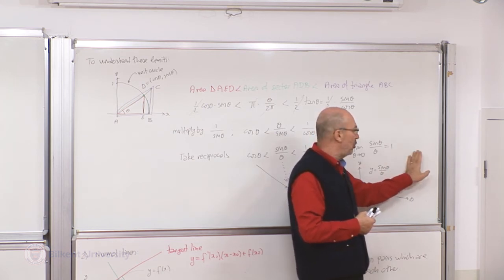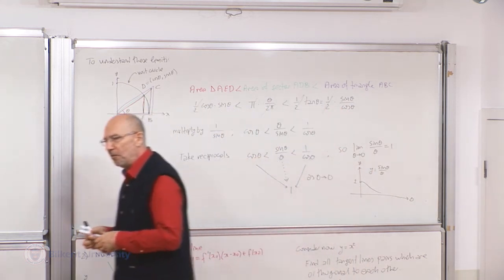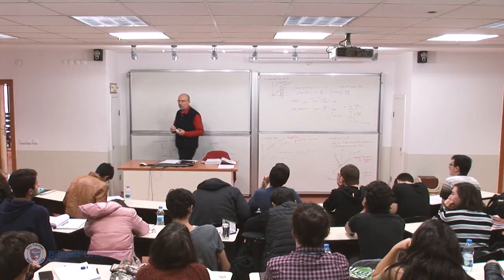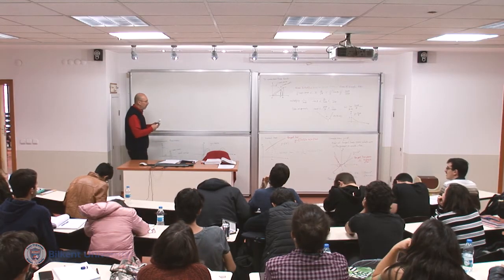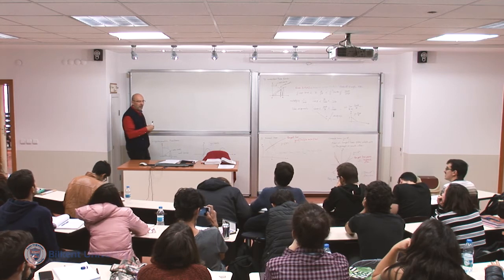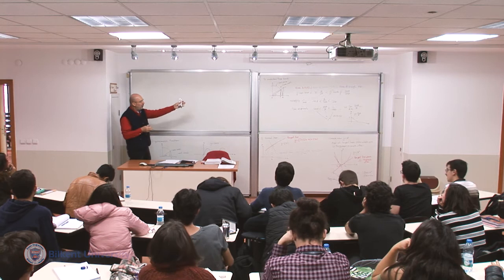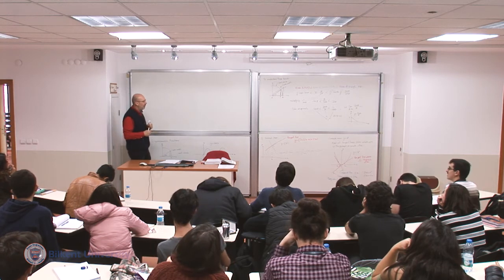When theta goes to 0, everything disappears, and this 1 remains. That will be verified next semester when we do something stronger. But you cannot do that before you know the derivative of sine theta, and in order to know the derivative of sine theta, you have to use such elementary considerations.